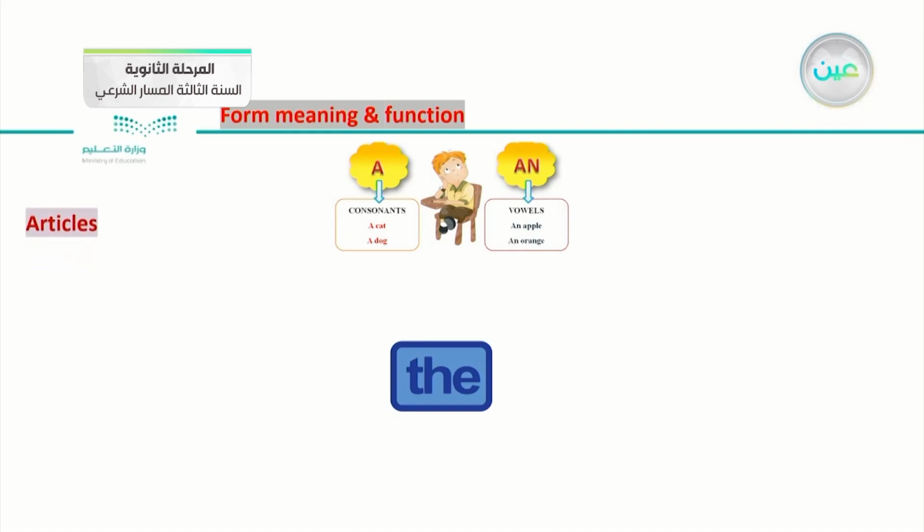And in form, meaning, and function, we can know what the difference is and what the situation is, and at which time I will use the, a, and that. Let's see together. Articles, we have a and an. These are two letters from articles.